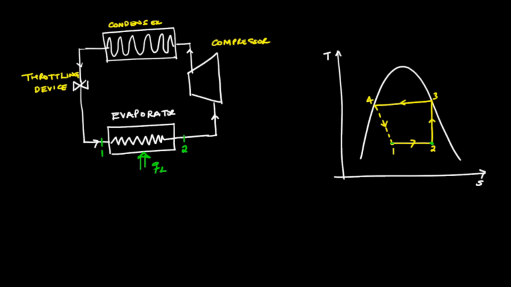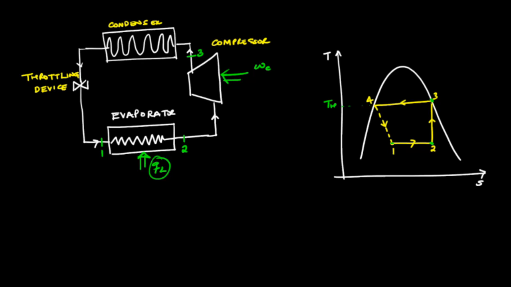The heat that is absorbed by the working substance per unit mass is QL, and the working substance exiting the evaporator at state 2 is fed into a compressor that consumes work WC, and raises the pressure of the working substance to the pressure at state 3, that is the saturation pressure corresponding to the high temperature.